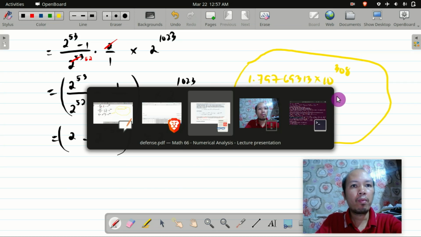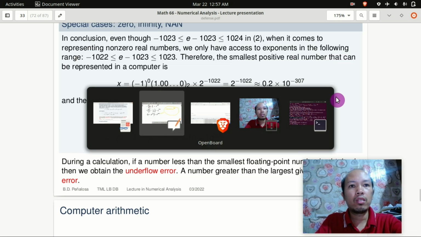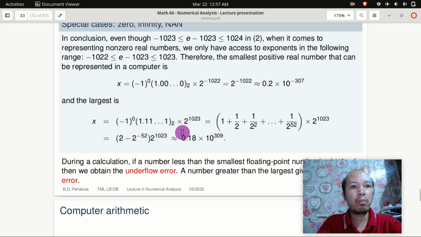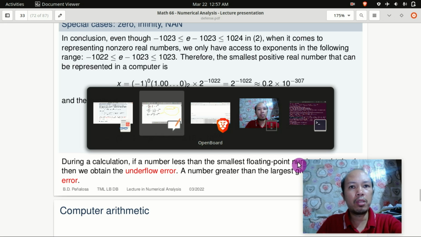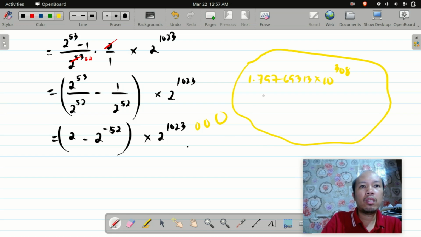Okay, so look at our answer. We have 0.18. We have to use the normalized form. So we have here 1.0 point, and you can move one place to the right.